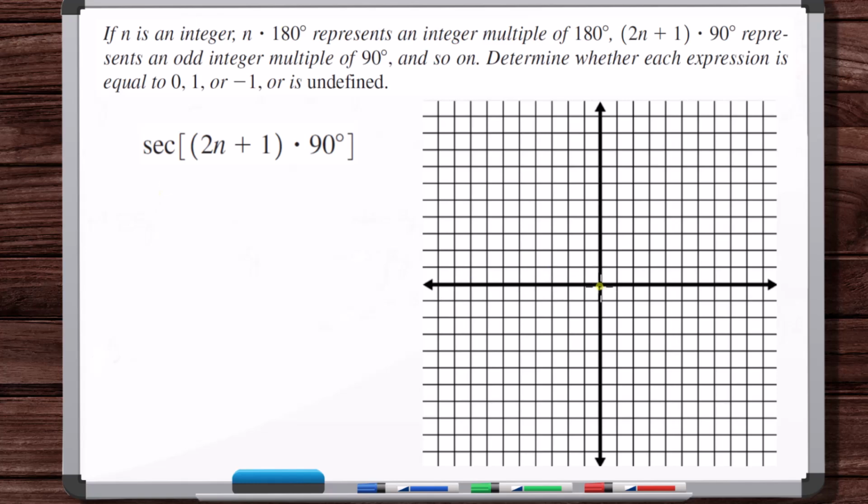So the reciprocal of cosine is adjacent over hypotenuse, so hypotenuse over adjacent. This is going to be undefined. Right? Adjacent is going to 0, whether or not you're approaching here or here or here or here. The adjacent is going to 0. Secant is hypotenuse over adjacent.